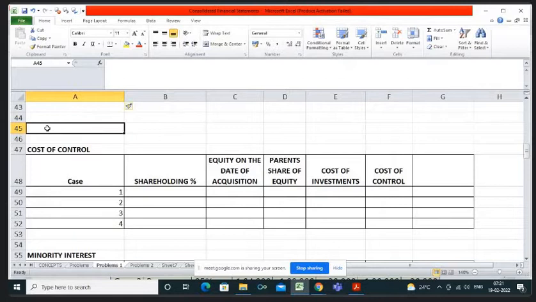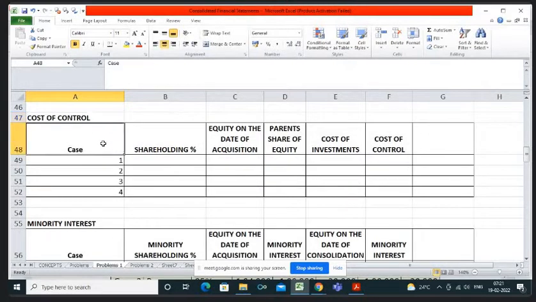This is illustration number 1. So we have to first find out the cost of control, because we are checking cost of control only for the date of acquisition. So there are 4 cases, 1, 2, 3, 4.